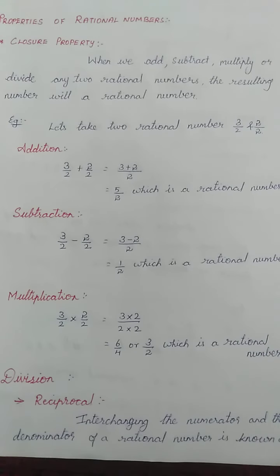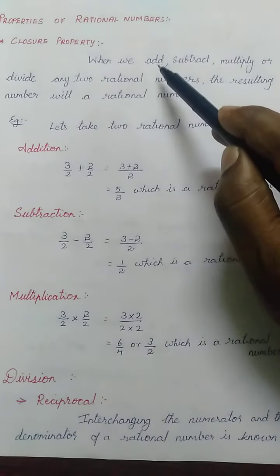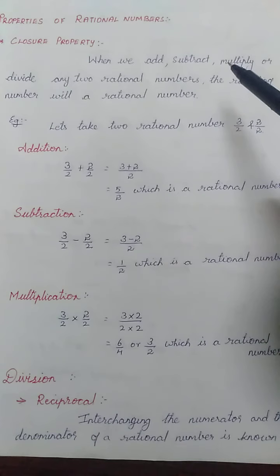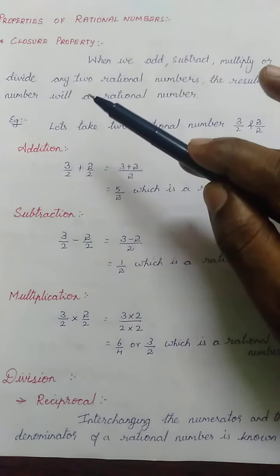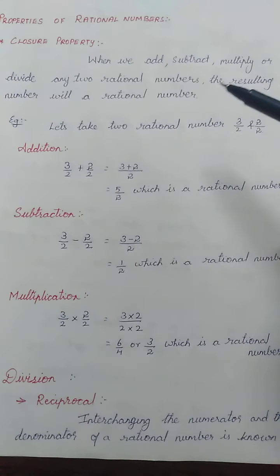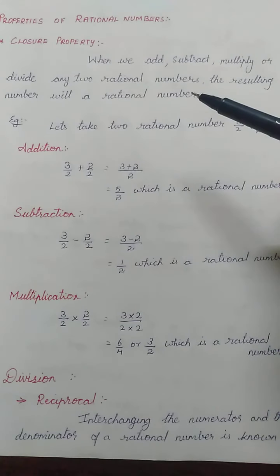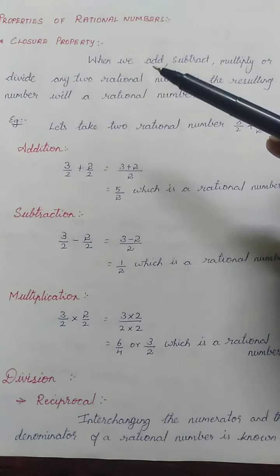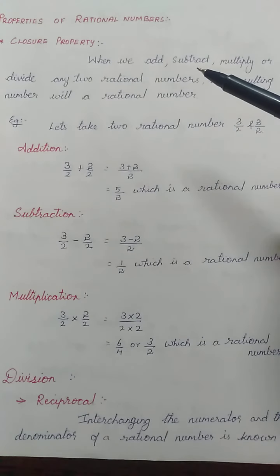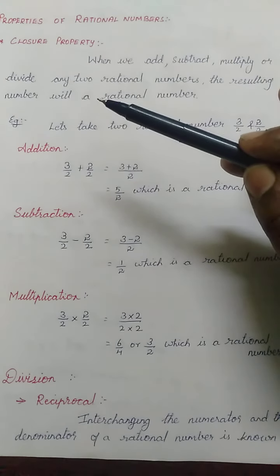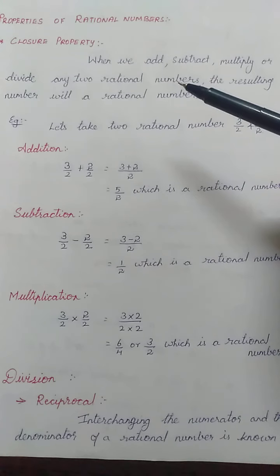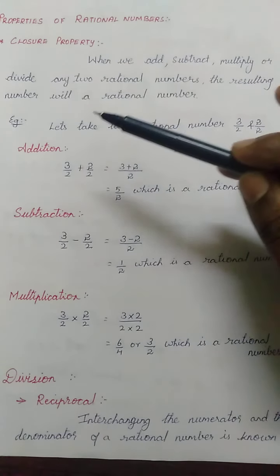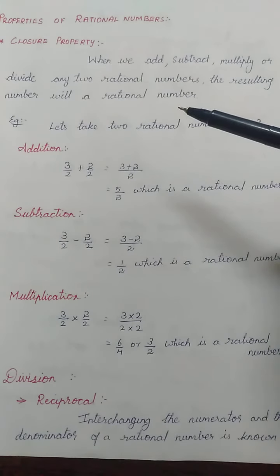Closure property says that when we add or subtract or multiply or divide any two rational numbers, the resulting number will be a rational number.